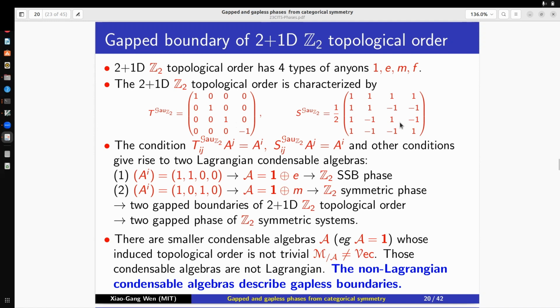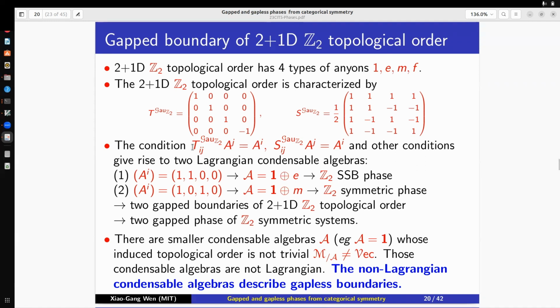And the S matrix for an abelian topological order, which the toric code is, has an interpretation of mutual statistics. So E and M have a pi mutual statistics, and E and F have a pi mutual statistics. Same thing, M and F have mutual statistics. So you have this interpretation of the T and S matrix describing statistics and mutual statistics.